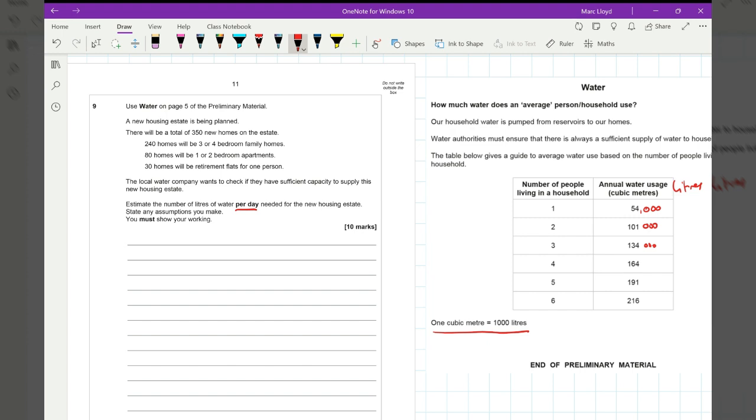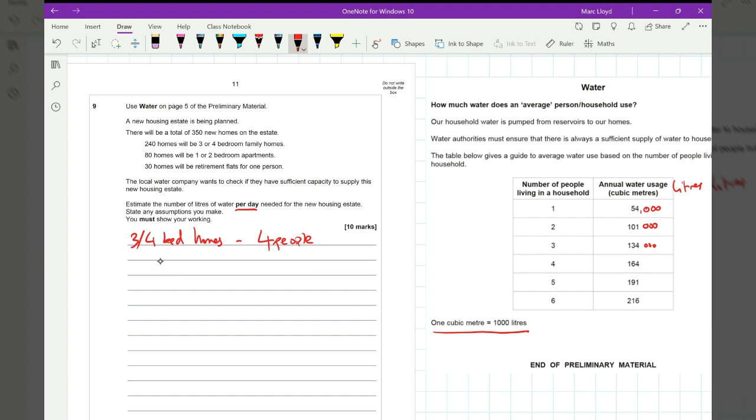So the first thing that we're going to look at is how many people will be occupying these houses, and then we'll work on this by a case-by-case situation. So for the 3 and 4 bed homes, we are going to say 4 people.